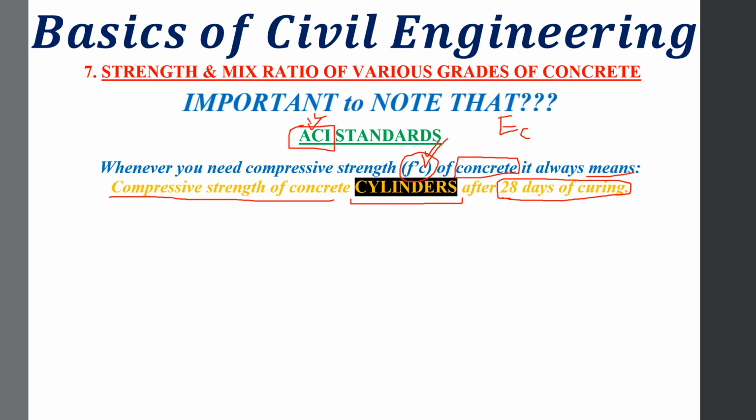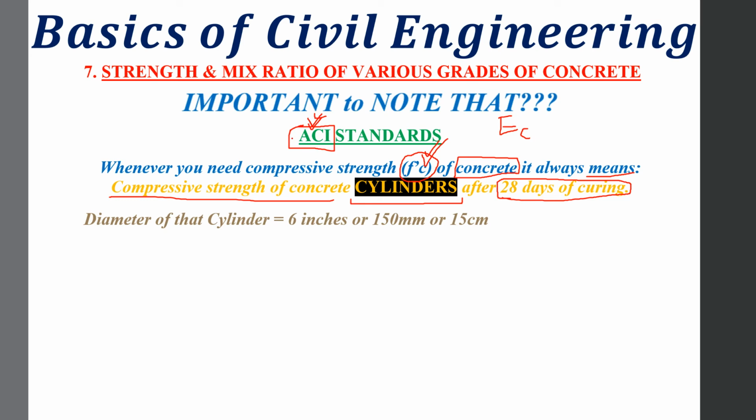If he is asking about ACI standards, then you will tell him that FC prime is the compressive strength of concrete cylinders after 28 days of curing. So what are the dimensions of that concrete cylinder whose strength is checked after 28 days of curing according to ACI standards?